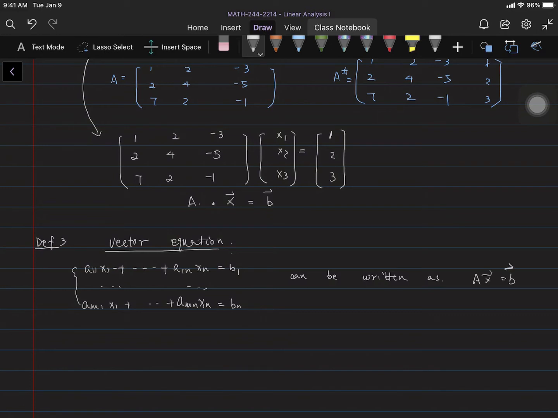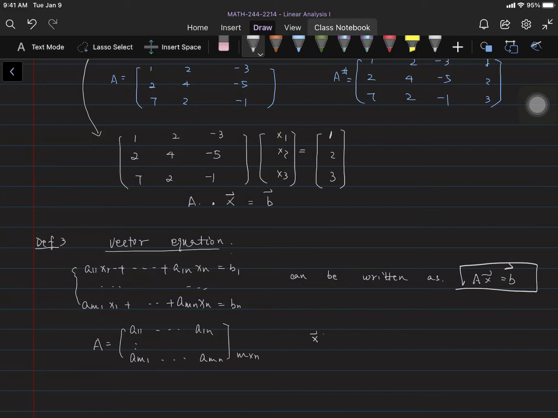This is called the vector form or vector equation. A is the coefficient matrix: a11, a1n, am1, amn. So this is an m by n matrix.